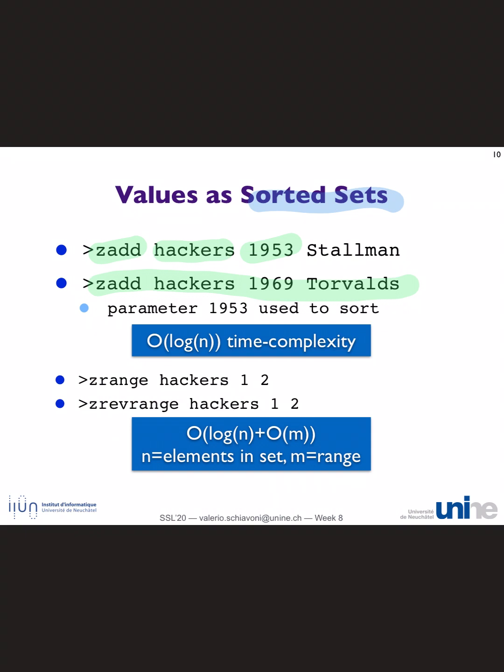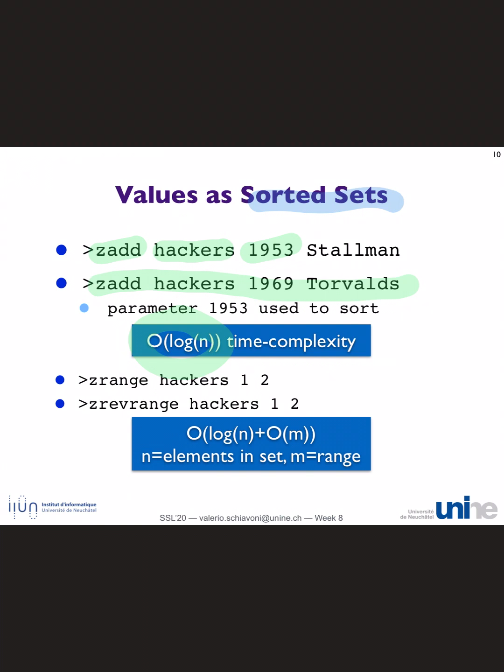This parameter is used to keep those elements sorted inside the sorted set. And the complexity to do those operations, meaning to insert and to keep that sorted set sorted, is logarithmic in the number of elements.